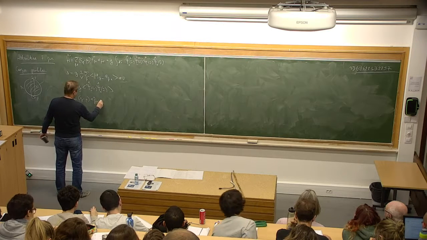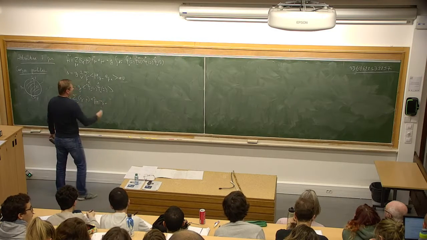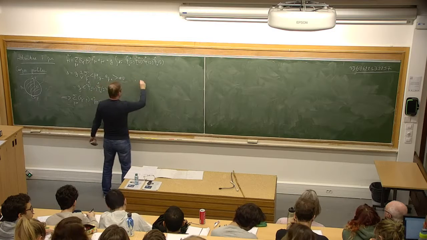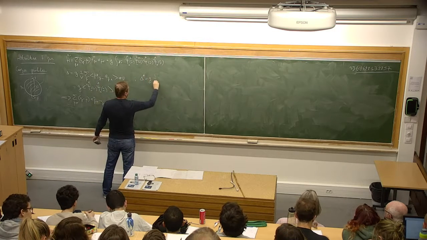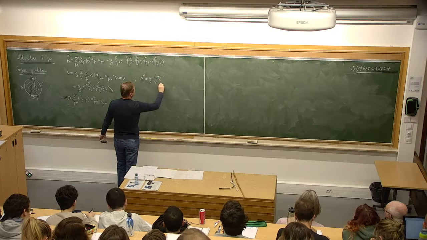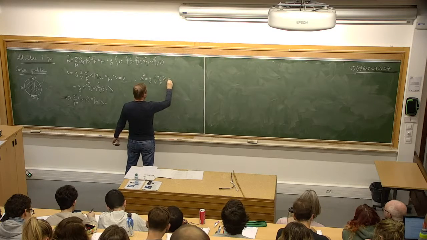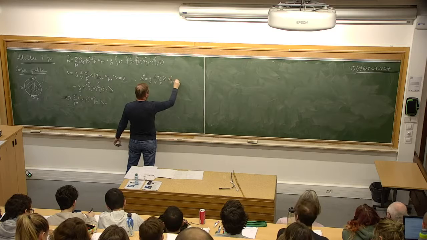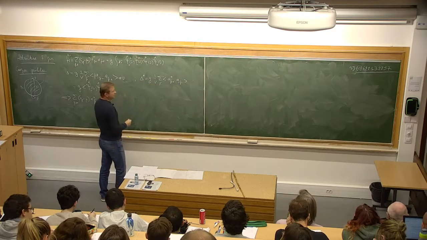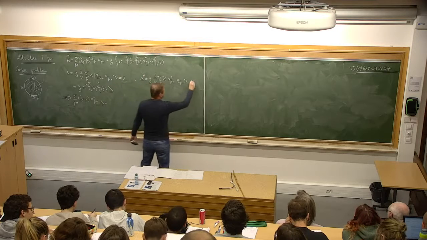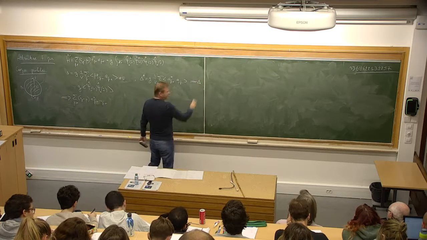a†_{Pσ} a_{Pσ}. And now, in the ground state, we also assume that if I do the same for the dagger operators, a†_{P+} a†_{-P-}, that also should be non-zero, and let me assume in the simplest case that it is equal to delta.